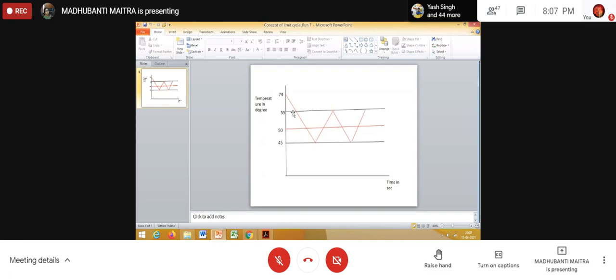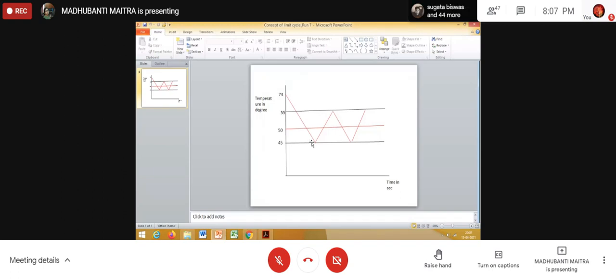So the temperature will decrease up to 45 degrees, and now the heater will be connected in the circuit and the fan will be off, and hence the temperature of the plant will start increasing up to 55 degrees, considering 500 millivolt or 1000 millivolt of hysteresis band, and at this point again the heater will be disconnected.